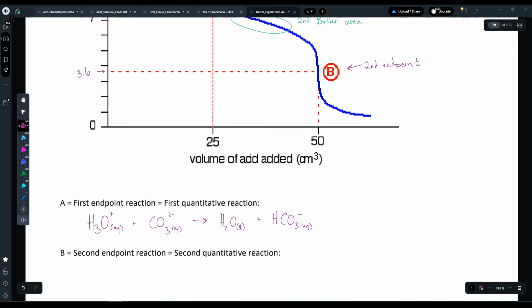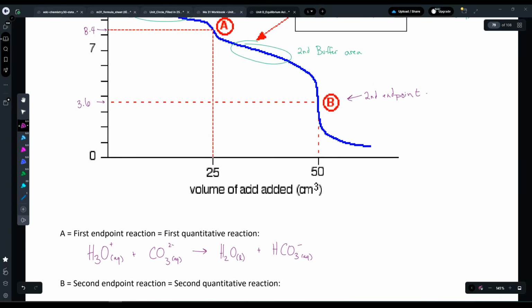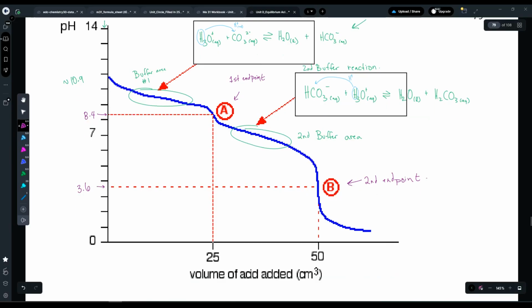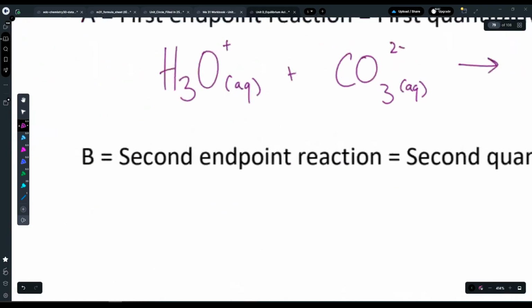All right, so at our second endpoint, that's where we're going to have our second quantitative reaction. It's going to be similar to our buffer reaction, except instead of an equilibrium, it's going to be a quantitative reaction.